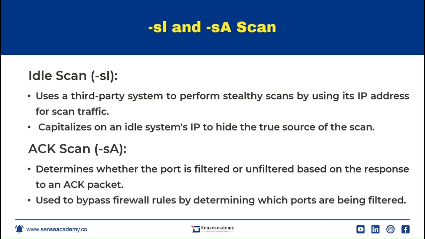So how do we rectify whether the ports are open or closed, or how does the attacker get to know whether he or she can penetrate the system? By this acknowledgement packet. Even though firewall rules are set, we can easily get to know whether the ports are open or whether we can penetrate by using acknowledgement packets. And we can use this acknowledgement packet not just to check the filtered or unfiltered state, but also to bypass the firewall as well.